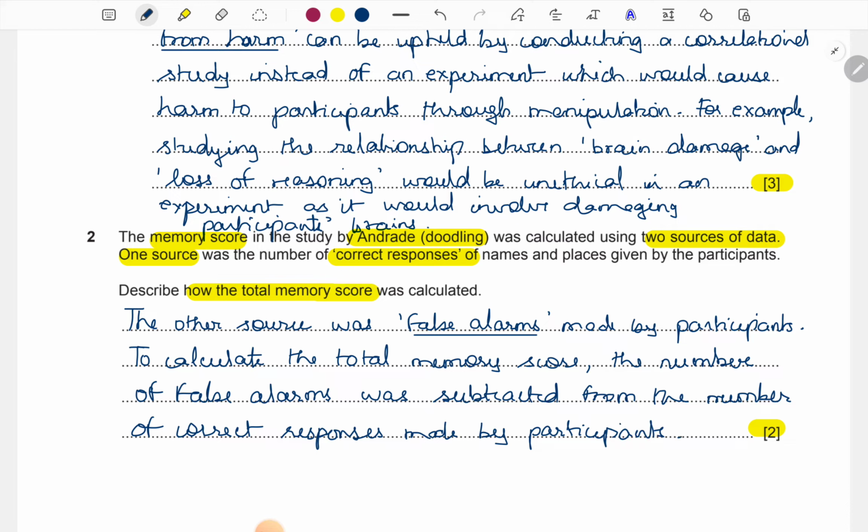Okay, so use a term like subtracted or deducted, which makes it easy to understand. I have seen students writing answers like false alarms were... first of all, they won't use the term false alarm. They say something like errors or just scores were reduced or removed, and they don't say from where. So from what? Subtracted, or okay, even if you're saying removed, from what?